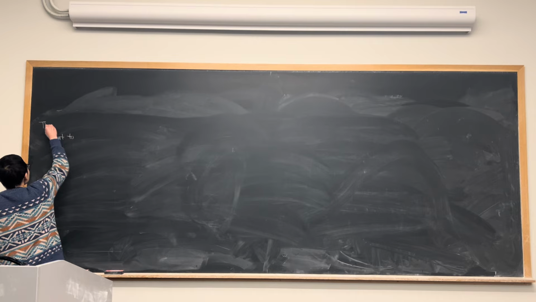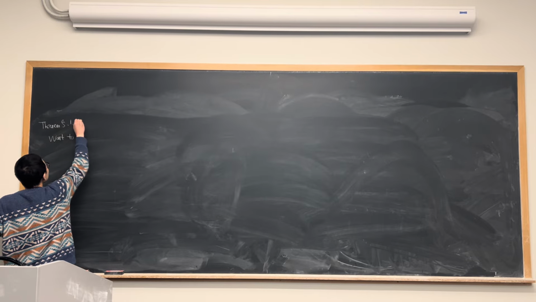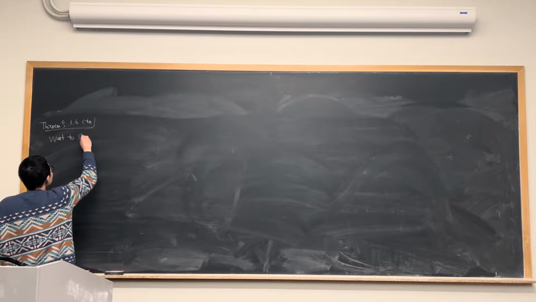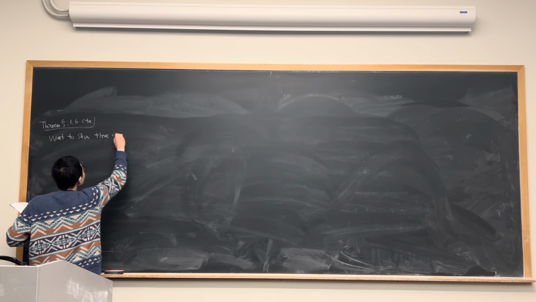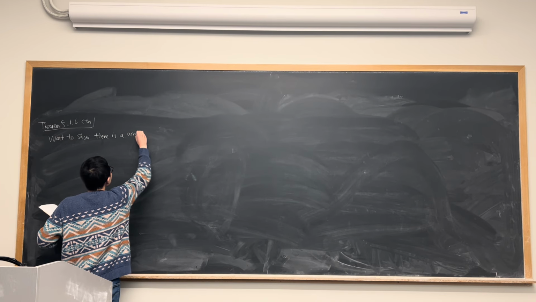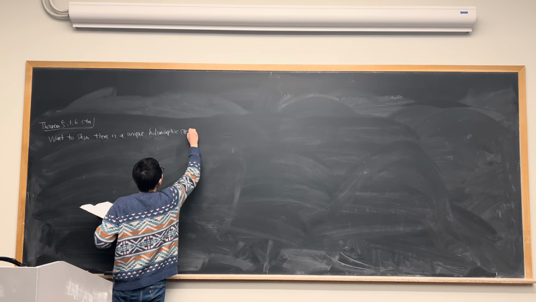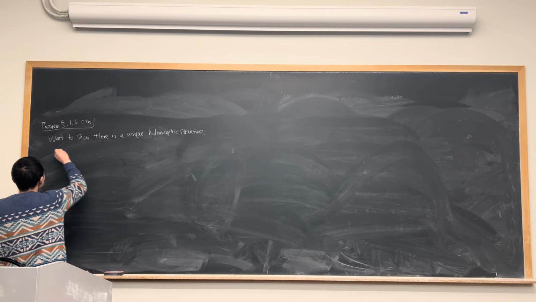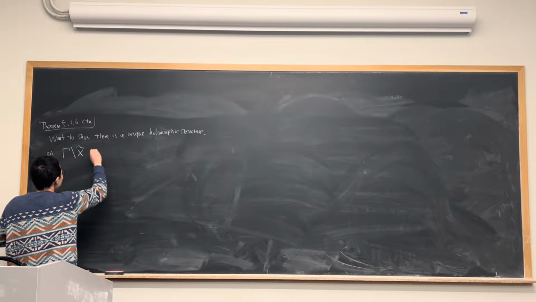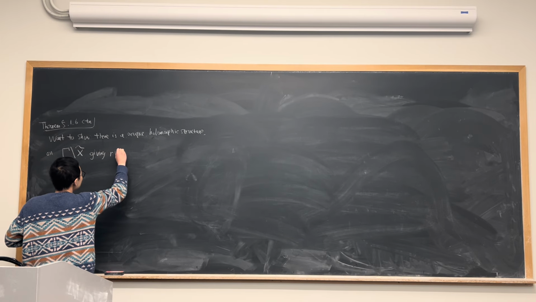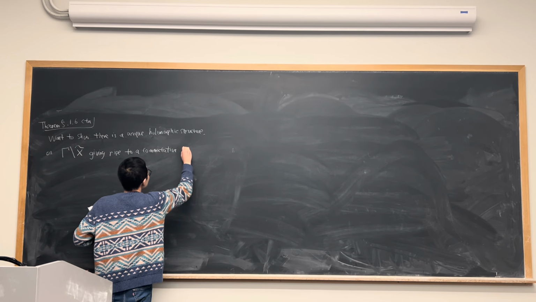So maybe the theorem, 5.1.6 continued. We show that there is a unique holomorphic structure on this quotient of X tilde by the relation Gamma, giving rise to a commutative diagram.